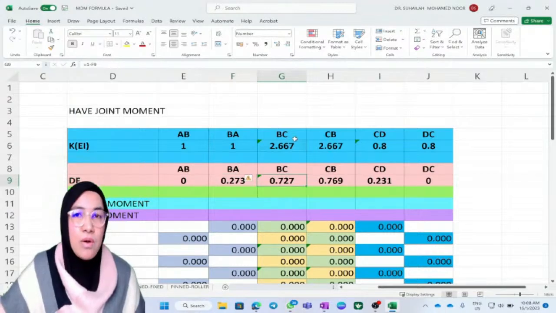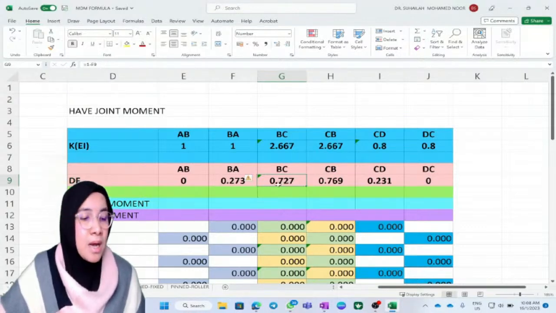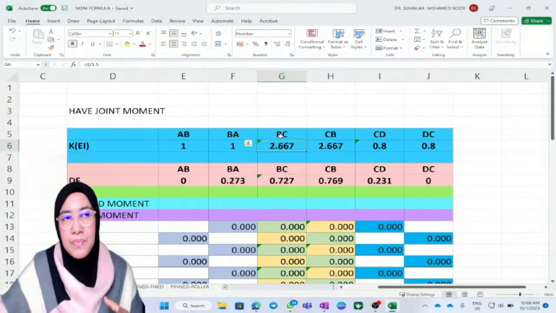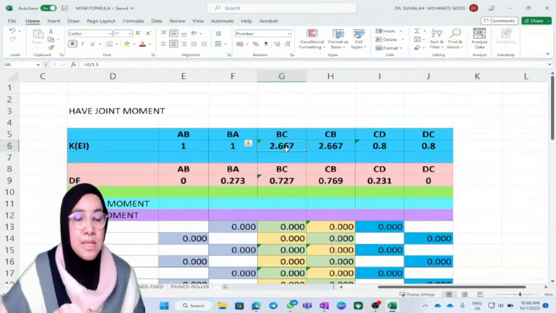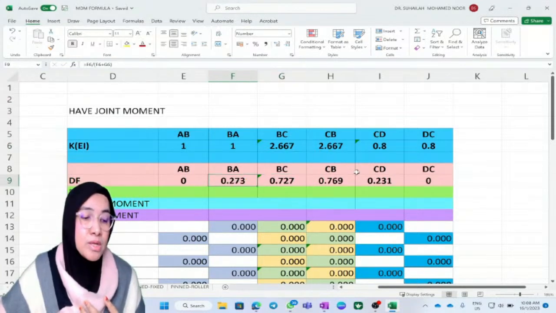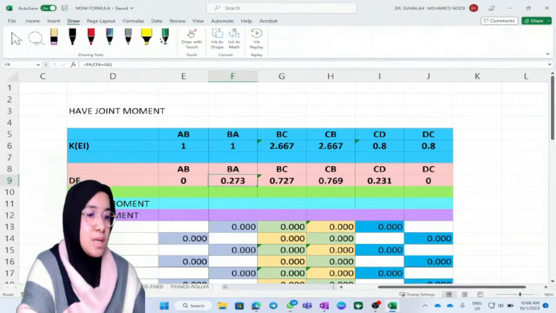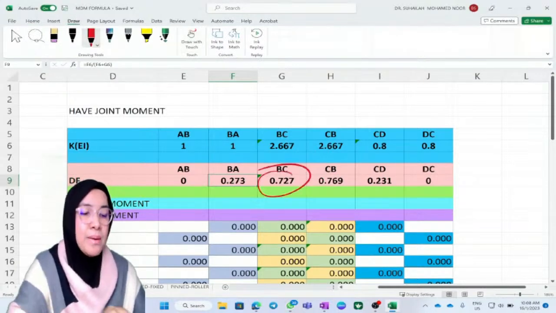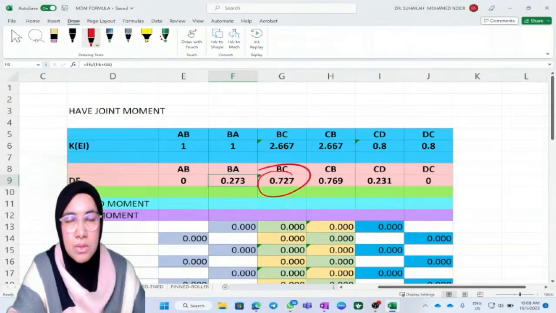0.273. And for BC, the distribution factor for BC is 2.667 divided by 3.667. KBC divided by total K is equivalent to 1 minus 0.273, and we get 0.727.